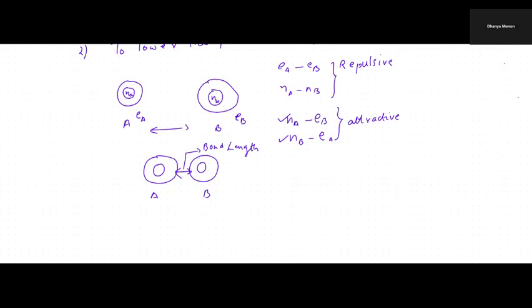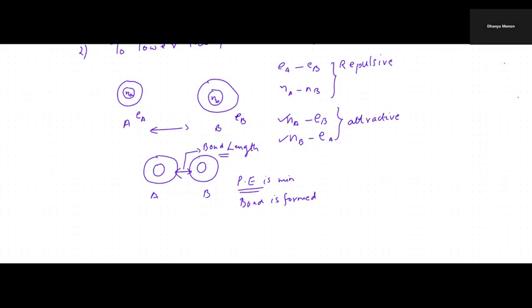At this bond length, where the attractive forces are more and the bond is formed, the potential energy is minimum. Bond is nothing but the forces of attraction being maximum. And this optimum distance is called the bond length.